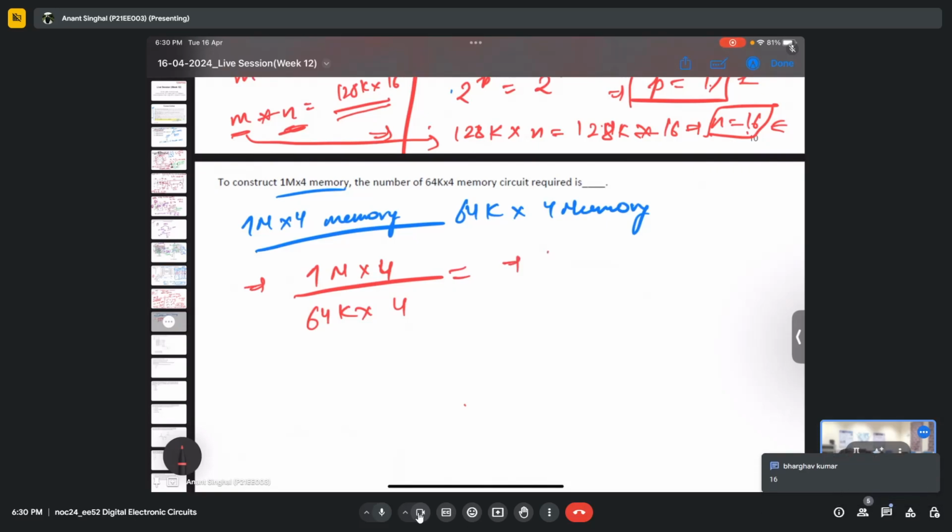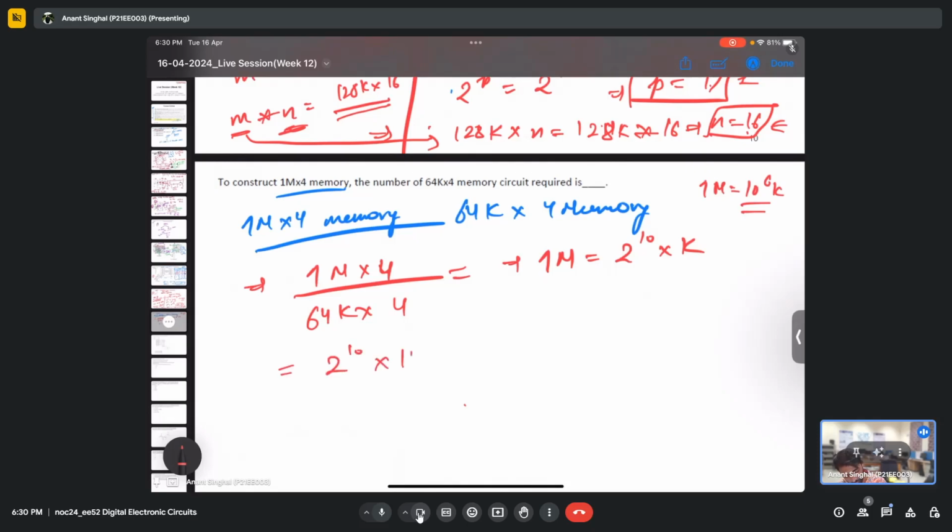So for 1 mega, it is nothing but 2 raised to 10 kilo, because 1 mega is 2 raised to 10 kilo. So what we'll do is 2 raised to 10 cross kilo cross 4 over 64 cross k cross 4.